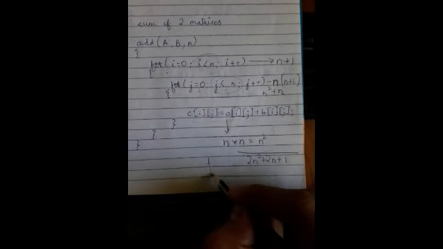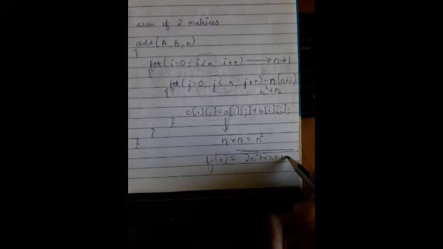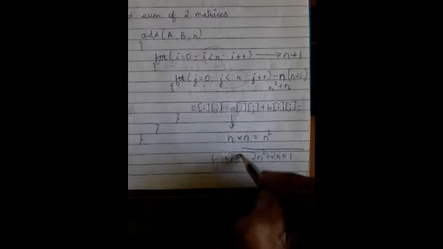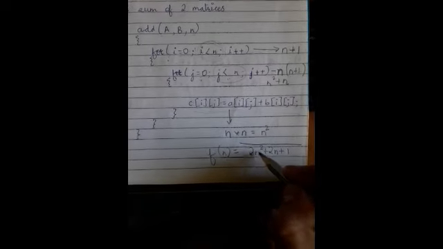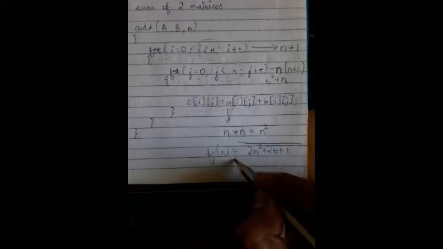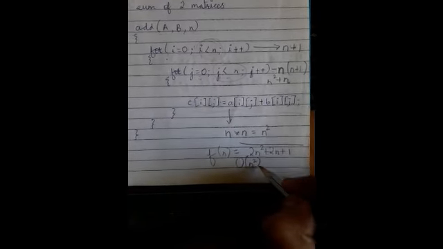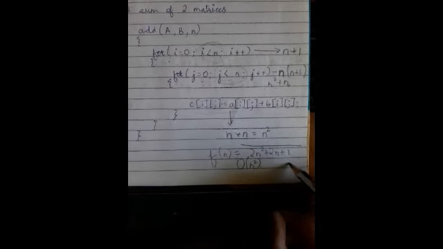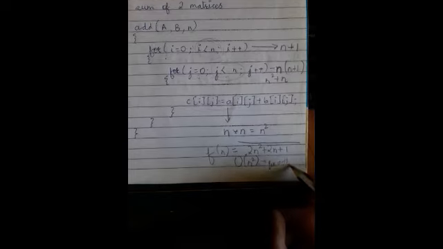So we have f of n is equal to 2n square plus 2n plus 1. This is a polynomial whose highest degree is n square. That is why this algorithm's time complexity is n square, which means that it is quadratic. N square refers to quadratic.